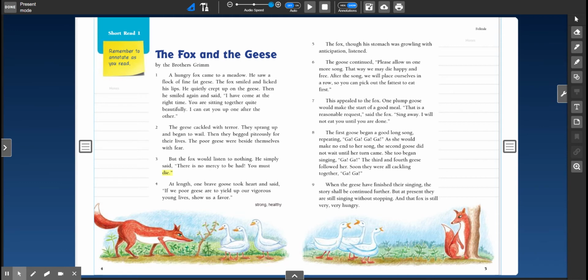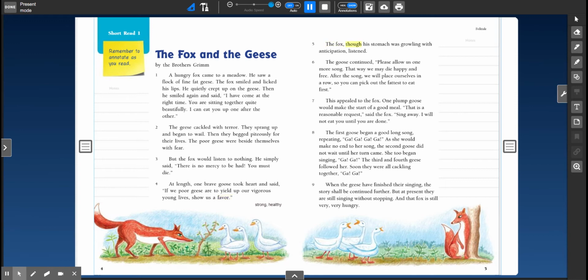So the word yield means to kind of give up or give way. So the one goose is saying, if we poor geese are to give up our strong and healthy young lives, show us a favor. So they're asking for a favor here. Now, knowing what we know about this fox, do you think he's going to give them a favor? Well, let's see.